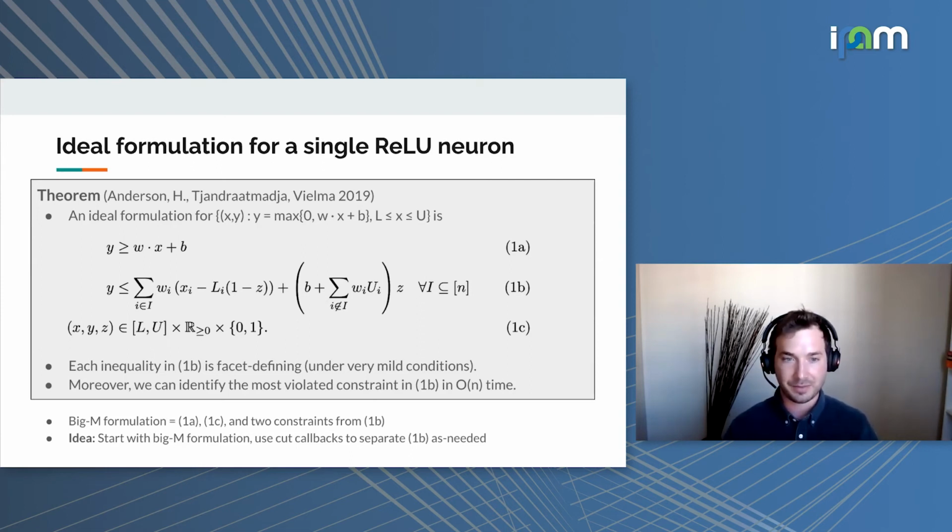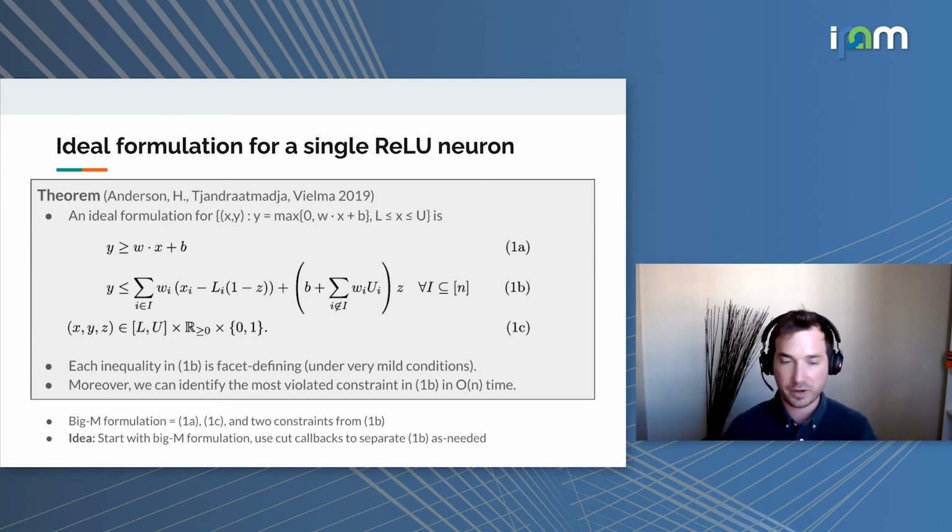And so this is an exponential number of inequalities. And moreover, you can show that under very mild conditions, you actually need all these inequalities to recover the convex hull. Okay, so this seems unfortunate, right? We have a formulation which is large in terms of the number of constraints that we need to write it down. But the nice thing is that the separation problem over this large family can be solved efficiently. So we can solve it in linear time.